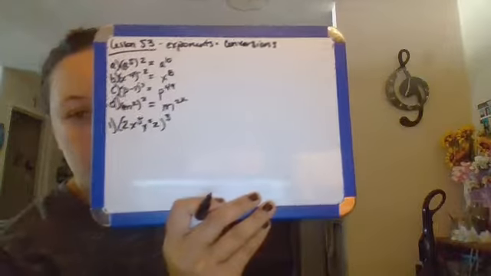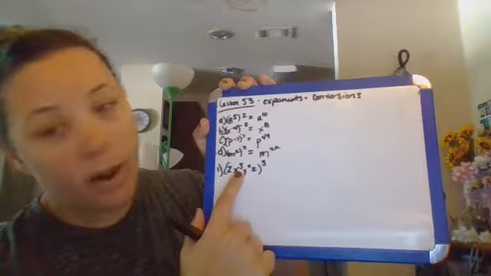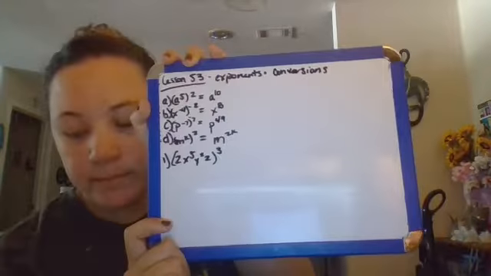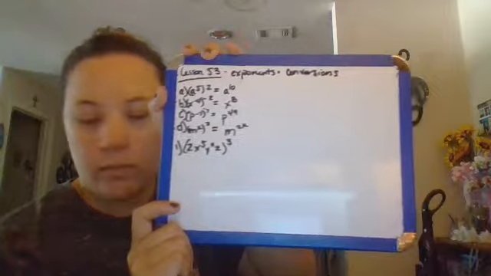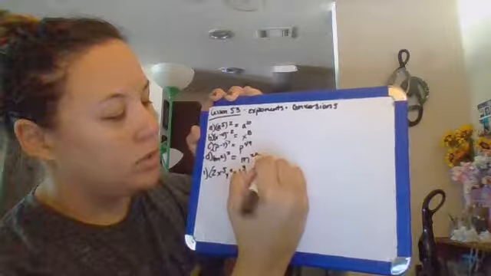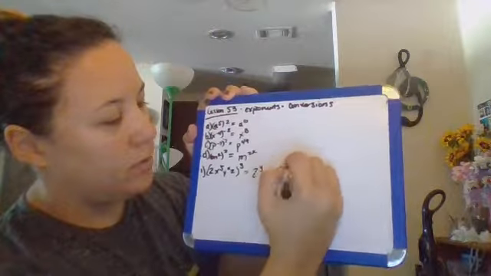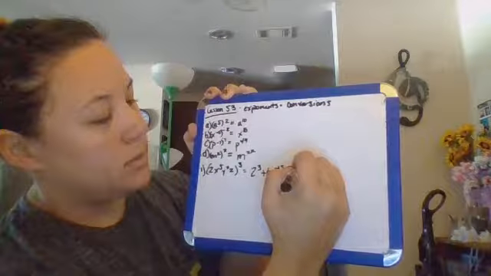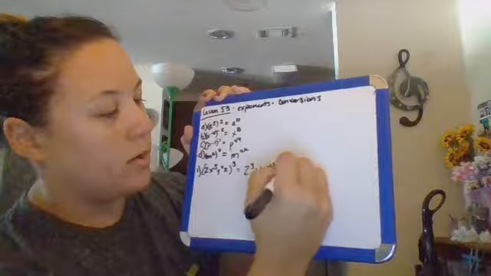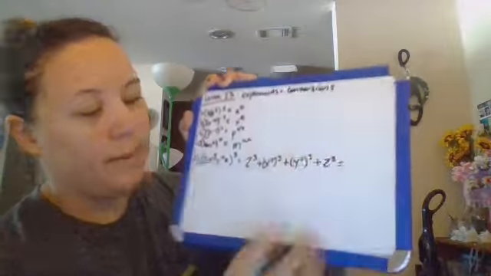Solve more problems. So our first one is 2x raised to the power of 5, y squared, z, and all of that's going to be cubed. And so basically that means 2 cubed, times x to the 5 cubed, times y squared all cubed, times z to the power of 3.